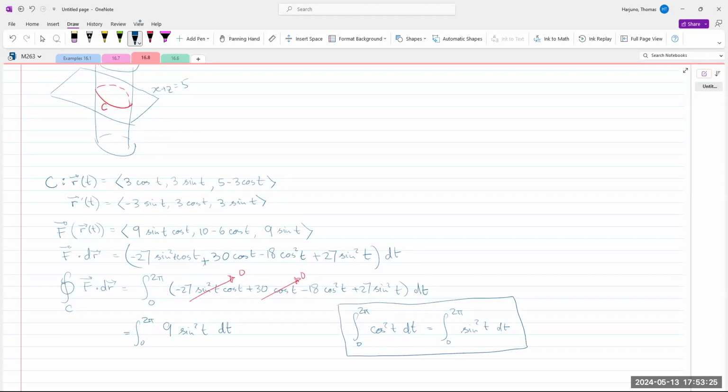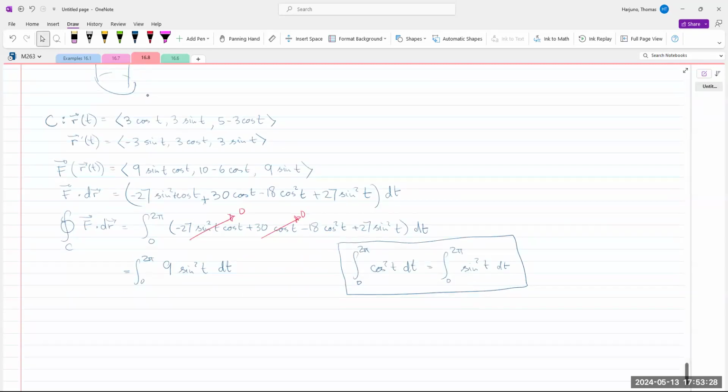Try to compute them, you will get the same result. In other words, this guy and this guy in some sense cancel out and give us only 9 sine squared t. Now, this is 9 over 2 times the integral from 0 to 2 pi of 1 minus cosine 2t, whose integral is also 0. So this will give us 9 over 2 times 2 pi, which is 9 pi.